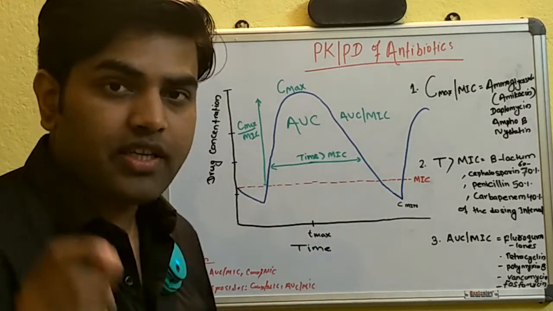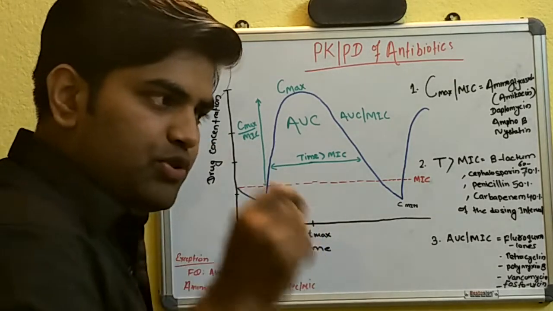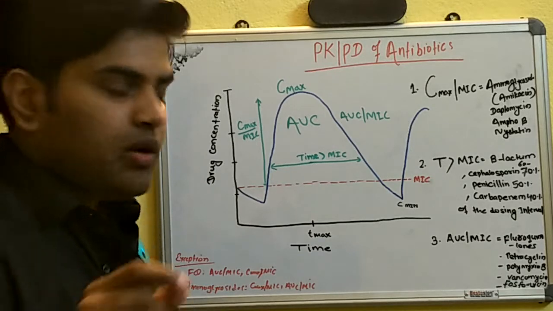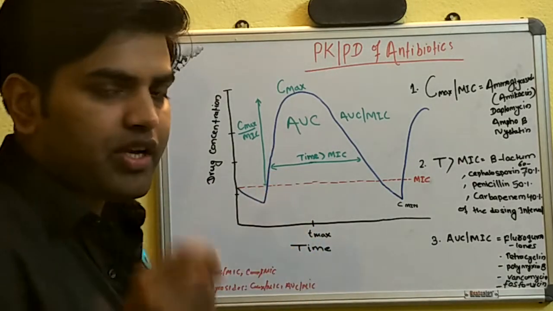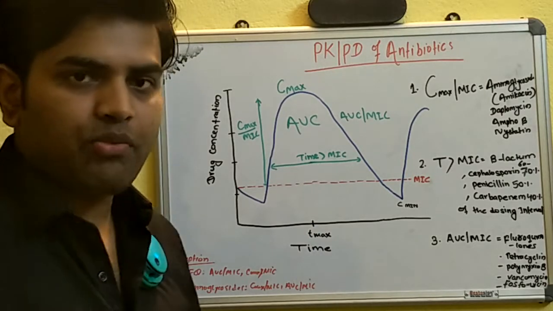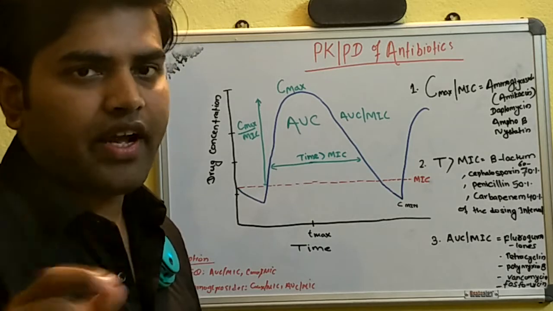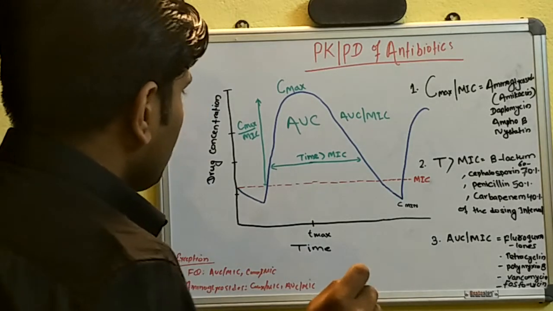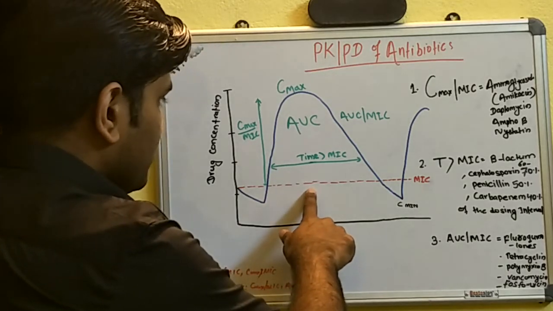MIC, as I told you initially, is the minimum inhibitory concentration in the blood that will help kill the organism. But our target will always be to achieve a concentration 4 times above the MIC. This is the usual normal rate of killing of the organism. So MIC is the minimum inhibitory concentration.